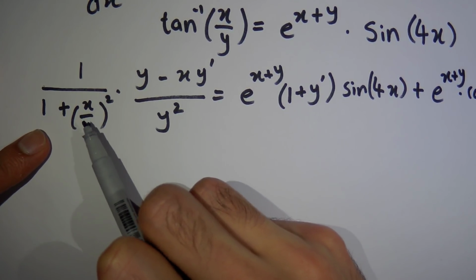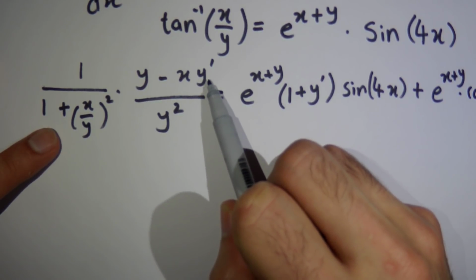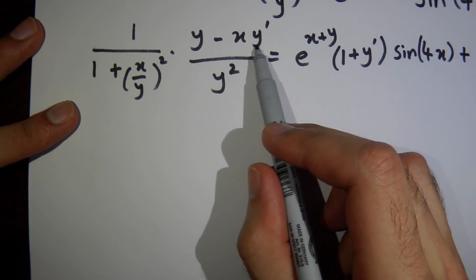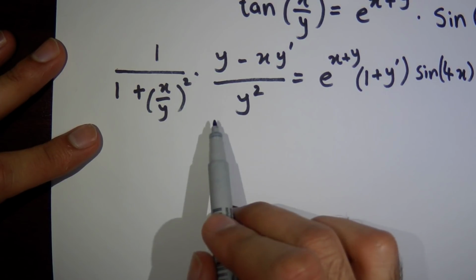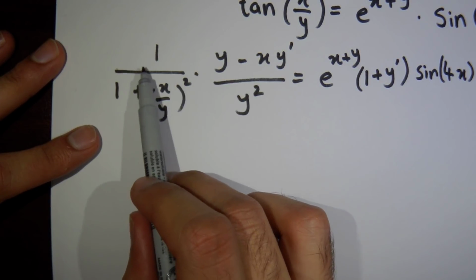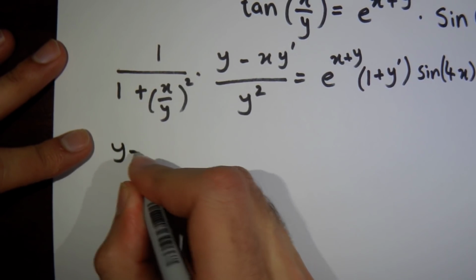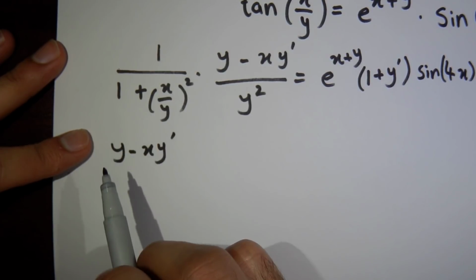All we have left to do now is to make y prime the subject of the formula, and we'll have our implicit differentiation done. So, starting off from the left side and trying to simplify this, all I can see really is we could try to write this as one fraction. So we multiply the numerator, we get just y minus xy prime multiplied by 1.